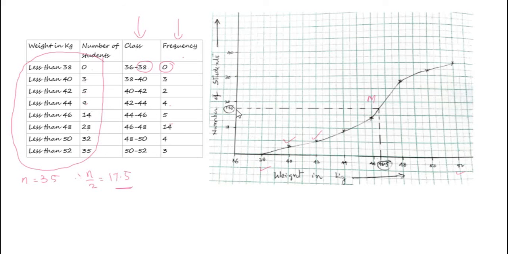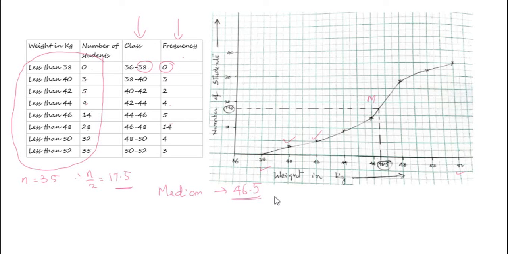Let us mark 17.5 on the y-axis and draw a parallel line to the x-axis to meet the less than type ogive curve at M. Drop a perpendicular from M onto the x-axis and the point of intersection is 46.5. So the median as per our graph is 46.5, the median weight of the students.